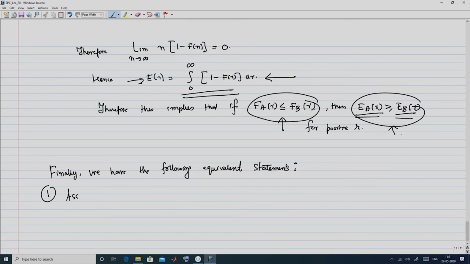One is that asset A dominates asset B in FSD.